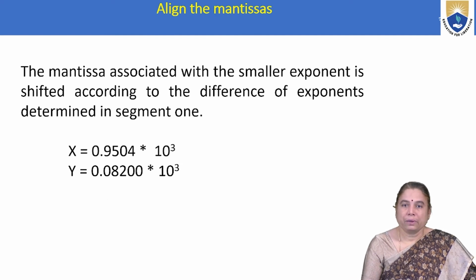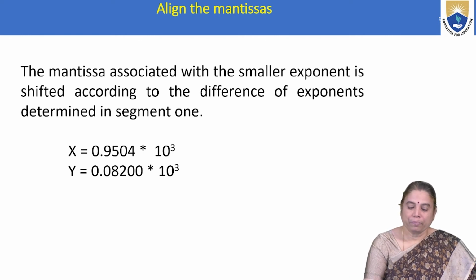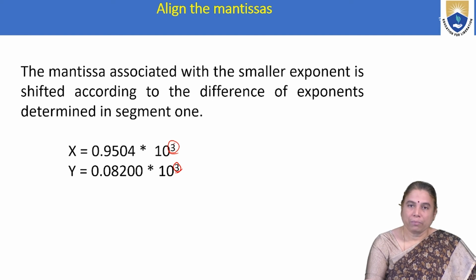The second step is to align the mantissas. The mantissa associated with the smaller exponent is shifted according to the difference of exponents determined while checking the zeros. This makes both exponent values equal. In the example, the first number has an exponent value of 3 and the second number has an exponent value of 2.